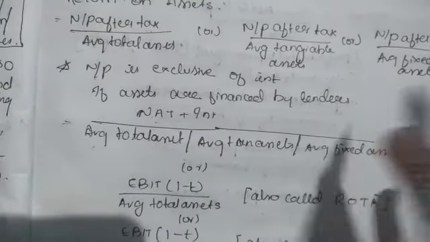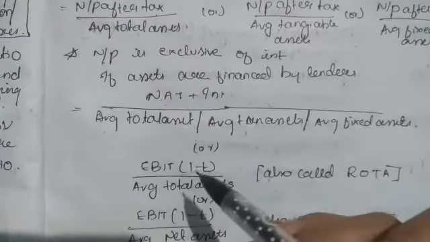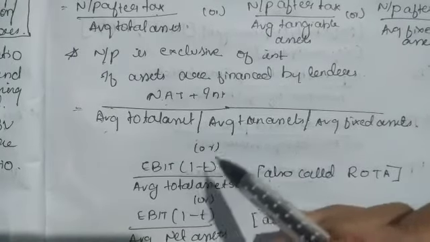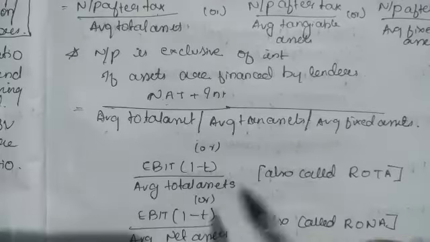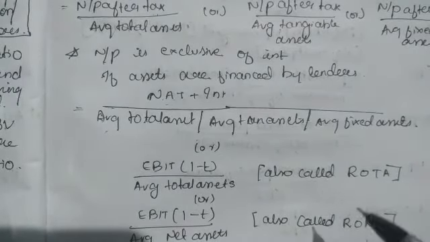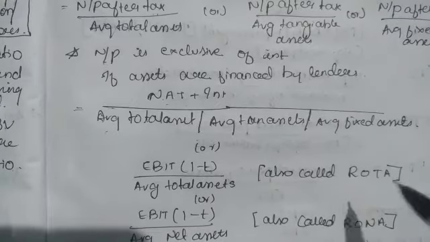Or you can also do it like this: EBIT into 1 minus T, where T is tax, divided by average total assets. This is also called ROTA, return on total assets.